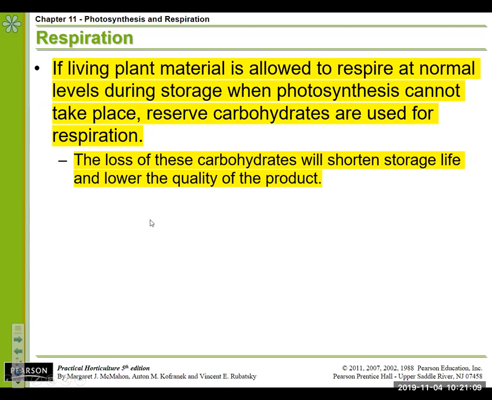The plant material technically is still alive. It's still respiring after we harvest it. It doesn't die. Those cells continue to react and respire. And that whole issue is what causes us to treat different harvested portions of crops differently.